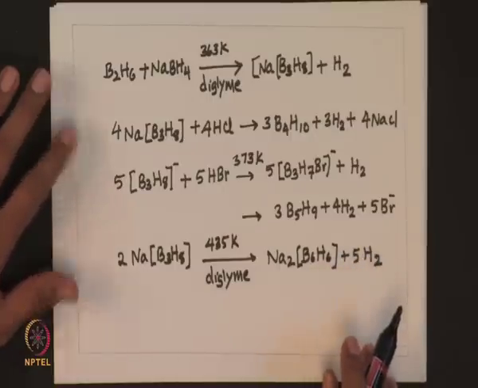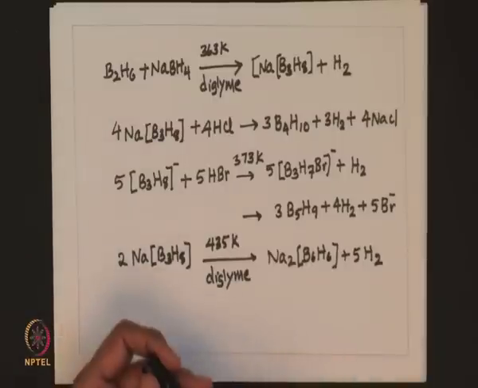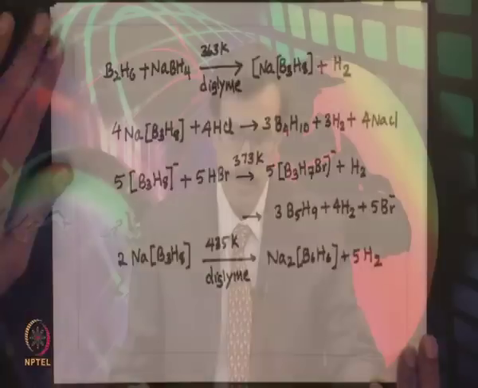So, these are some reactions in which you can see how diborane is used to generate a variety of boron hydride clusters. In fact, the structures of boron hydrides are very interesting.